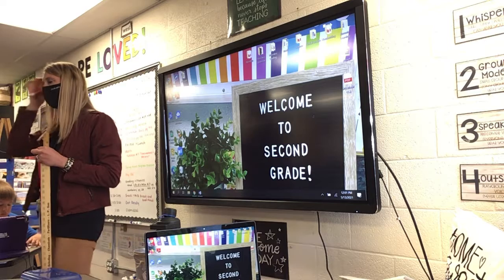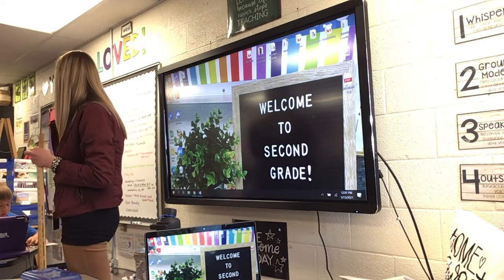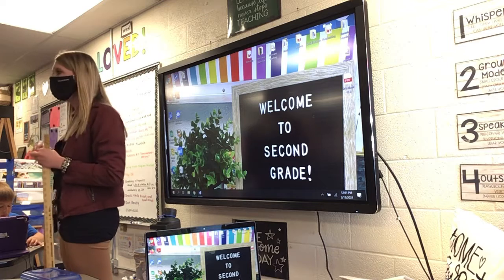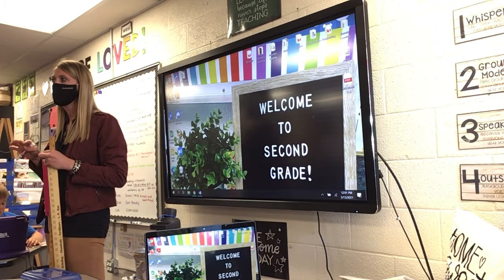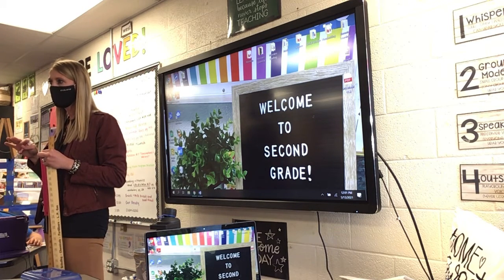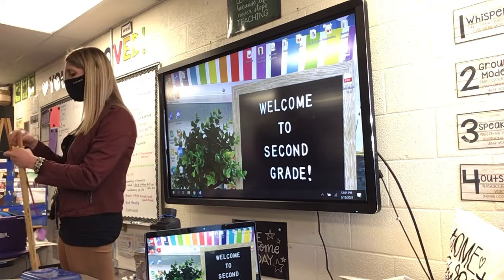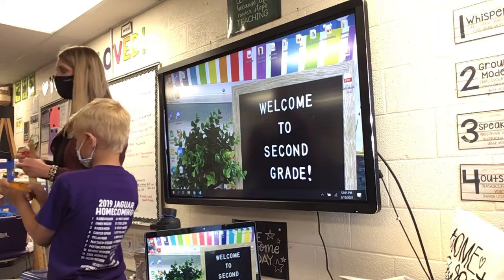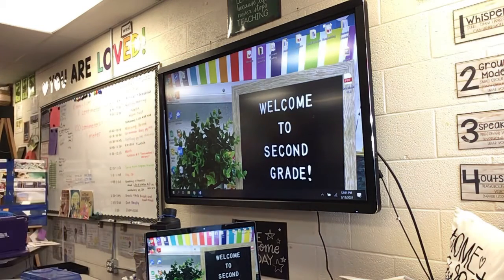Now, if you have 100 centimeters, you have a meter, and their example was like the wheel on the school bus. Yeah, the wheel on the school bus. Or they even said, did you guys see the door on there?